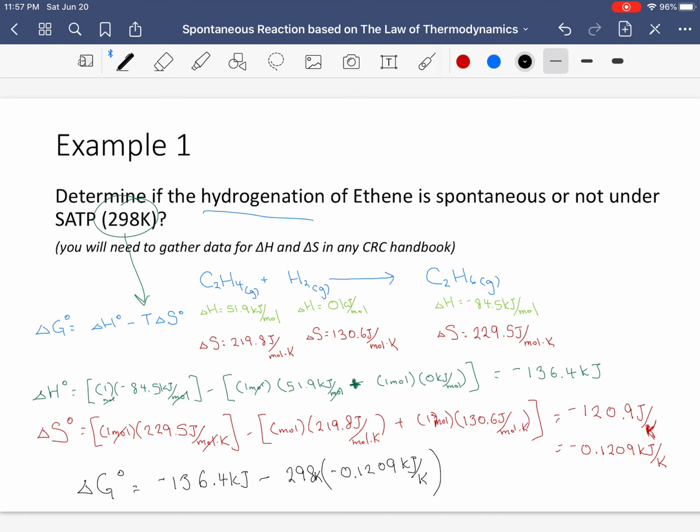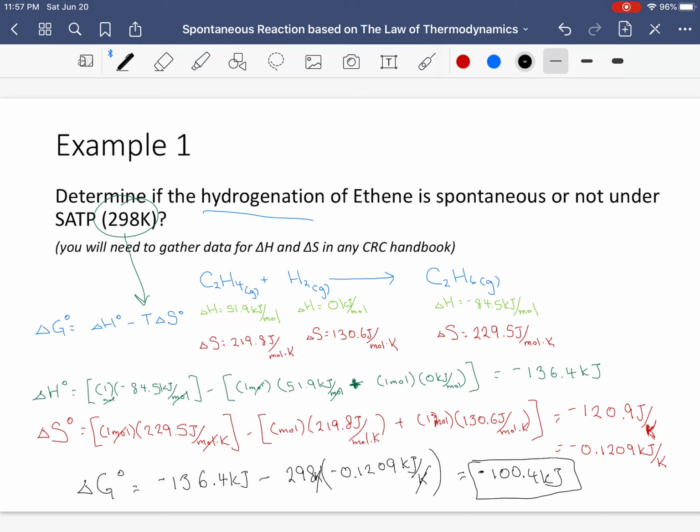And we know that Kelvin and Kelvin will cross out, so our answer should be in kilojoules. Let me just punch this in. Minus a negative will be a positive, so you're adding these two numbers, and my answer should be negative 104 kilojoules. So make sure you check my work. I may be wrong.